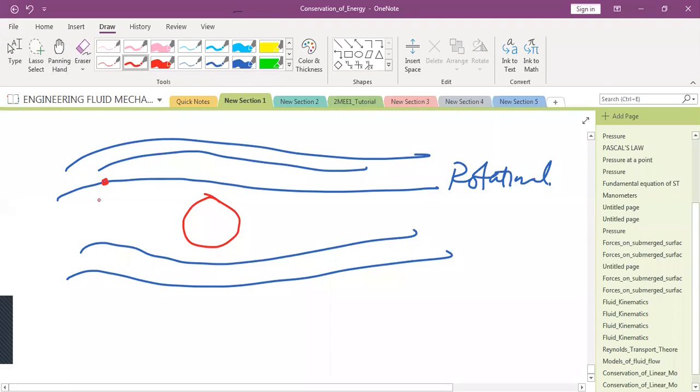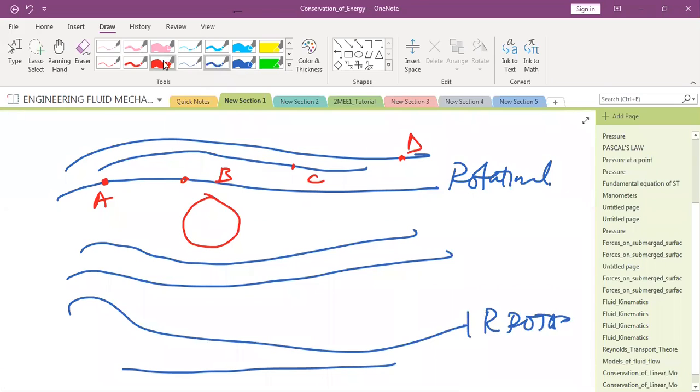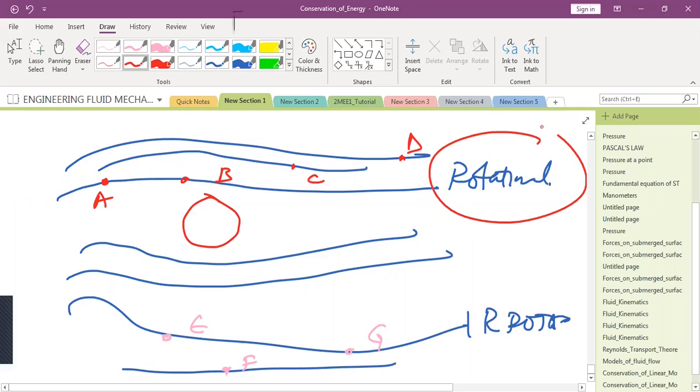I am marking points here: A, B, C, D. And I am having another region that is irrotational. I am again marking points E, F, G. Now let me know how will you apply the Bernoulli's equation for this case and for this case.